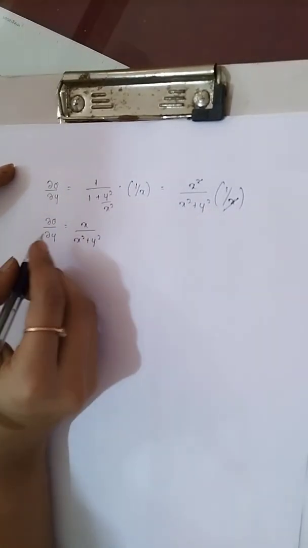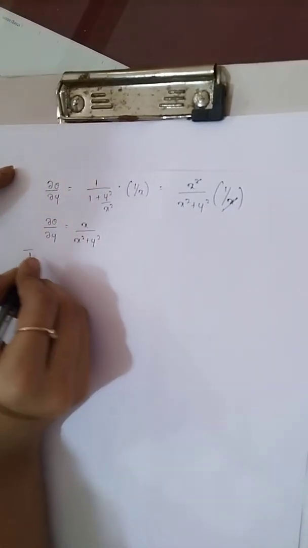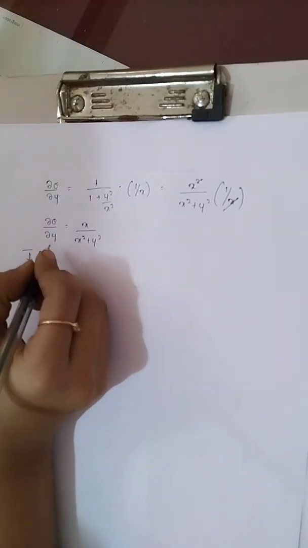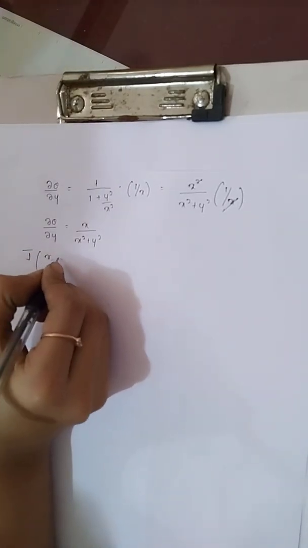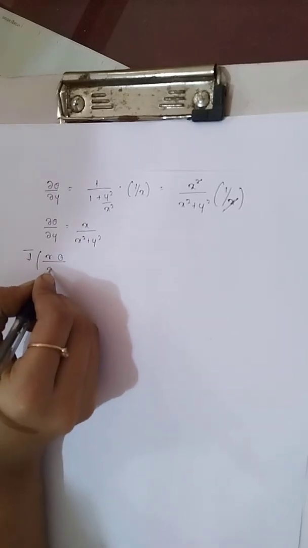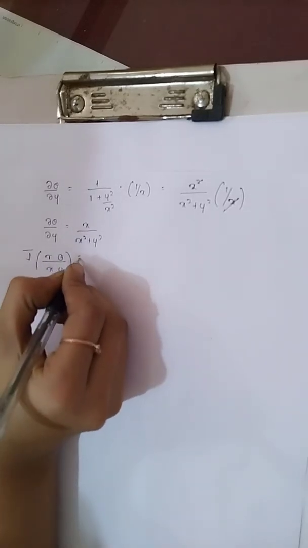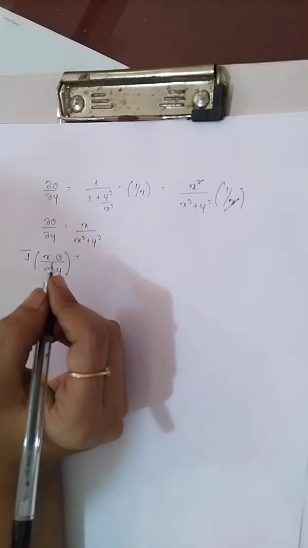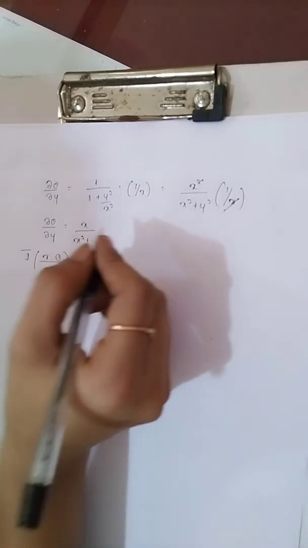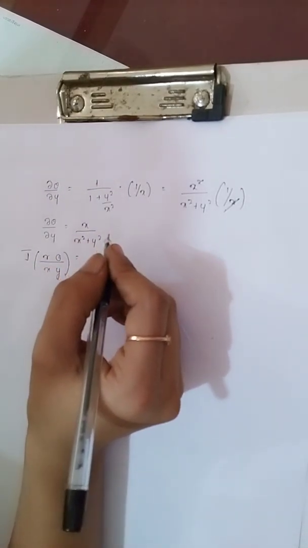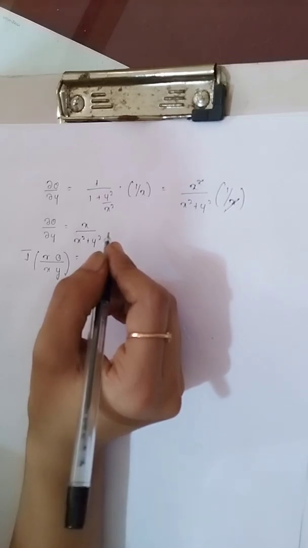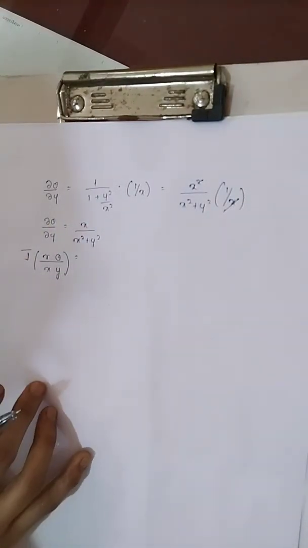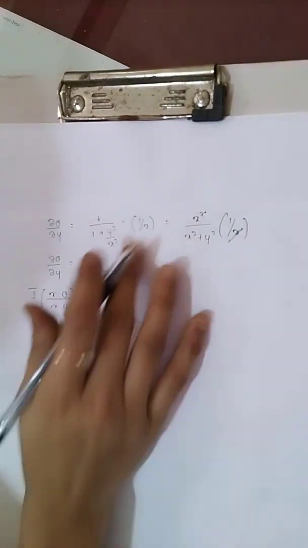So now put the values in the Jacobian, that is Jacobian of r, theta with respect to x, y is equal to dou r by dou x. Dou r by dou x value is x by r.